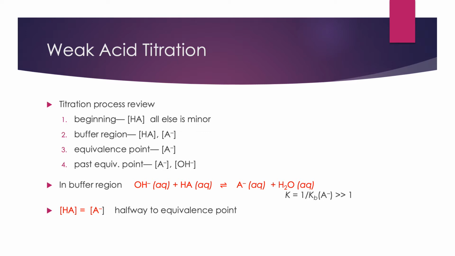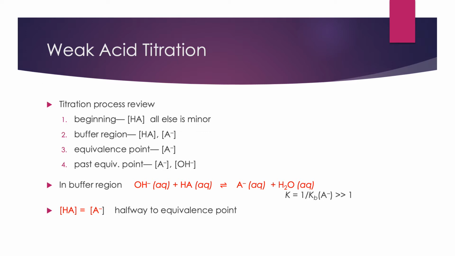When we're in the buffer region, as you may recall from the last lesson, the predominant equilibrium is hydroxide ion reacting with the undissociated weak acid, OH- plus HA, forming the conjugate base, A-, and water. As we mentioned last time, that equilibrium constant is very large. It goes essentially to completion, not all the way, but essentially.